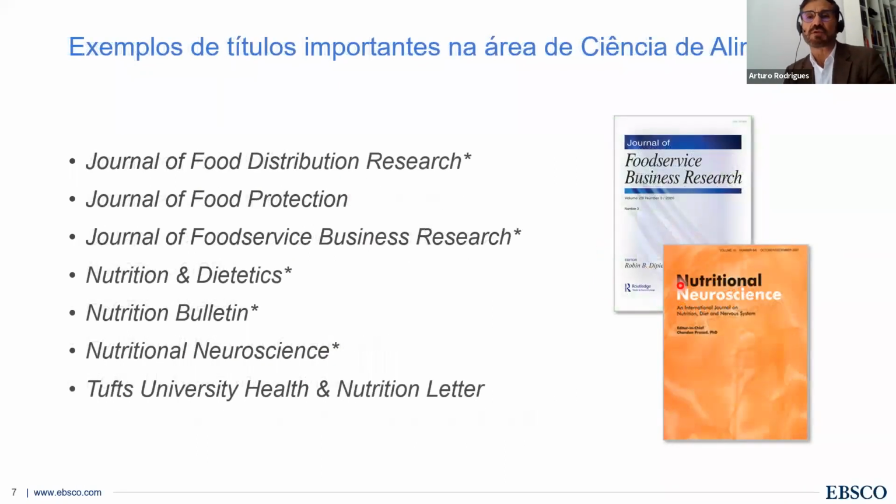E aqui também temos outras revistas, como a Journal of Foodservice Business Research, da Routledge, e a Nutritional Neuroscience, entre outras. Portanto, aqui estão listadas apenas uma dezena delas, mas estamos a falar de mais de 750 revistas em texto completo, que têm origem em mais de 4.000 publicações que são de referência nestas áreas das ciências dos alimentos e da nutrição.